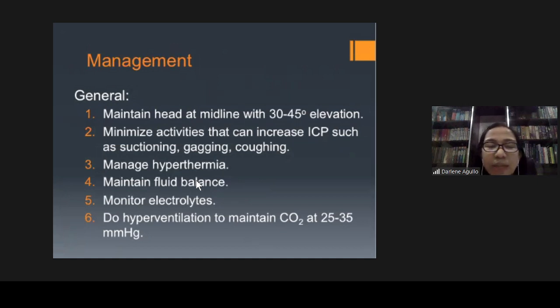Because if it is too high, the patient is hypercarbic, all the more will there be cerebral edema because of vasodilatation. So you target a PCO2 of 25 to 35 to ensure vasoconstriction. But not too low, like less than 20. Otherwise, there will also be ischemia if your patient is too vasoconstricted.